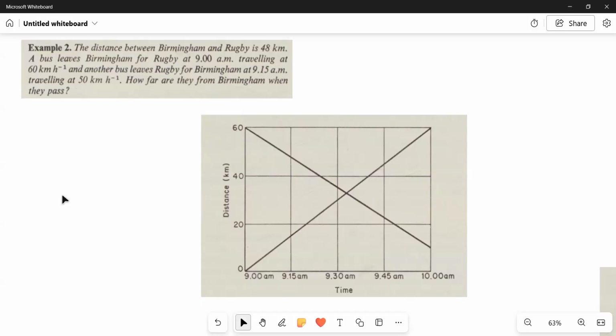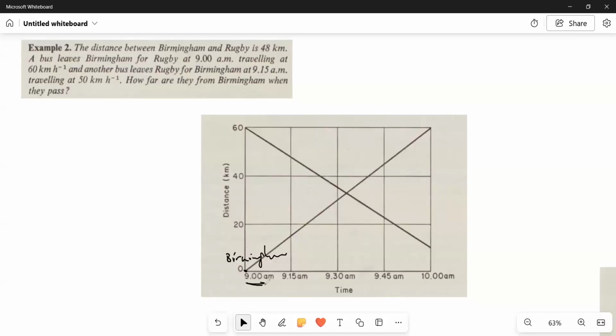Good. So as you can see here, the first bus leaves at 9. Let's say this is Birmingham, right? That's here.